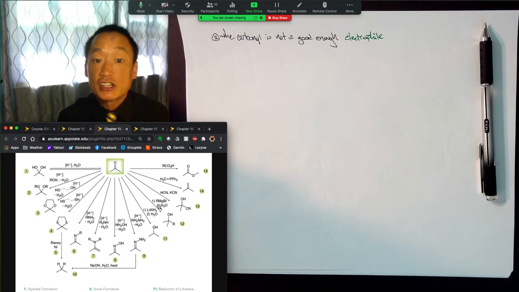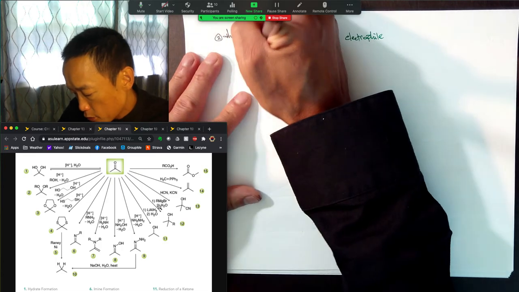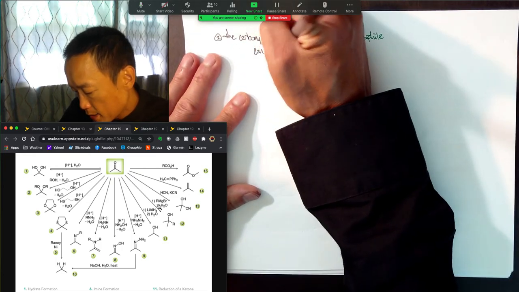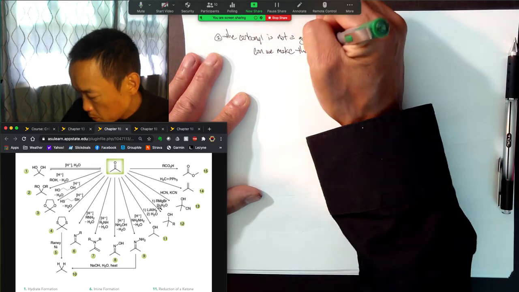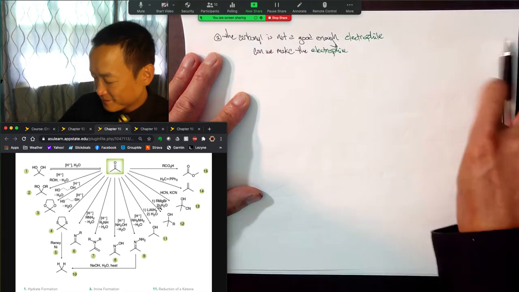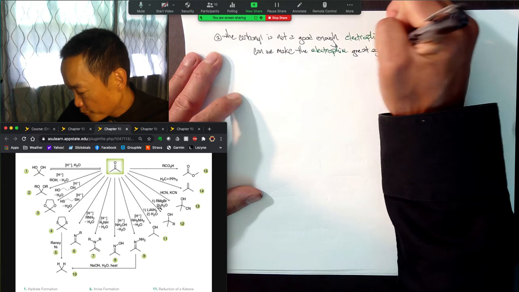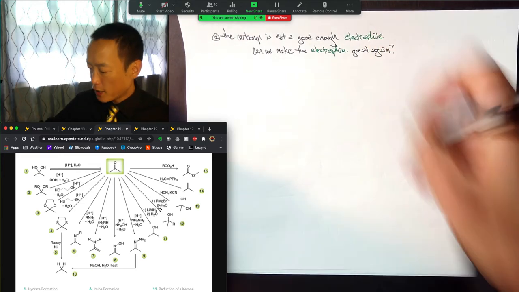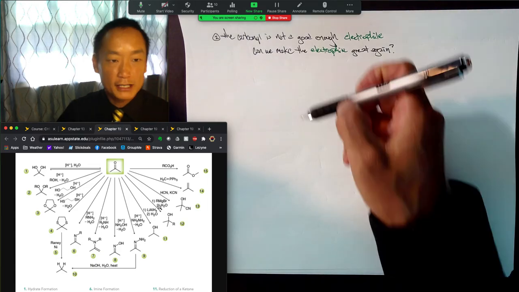We're talking geological time scale. That's not good enough for us. So I'm going to write, can we make the electrophile great again? Make electrophiles great again. MEGA, how do we make electrophiles great again?